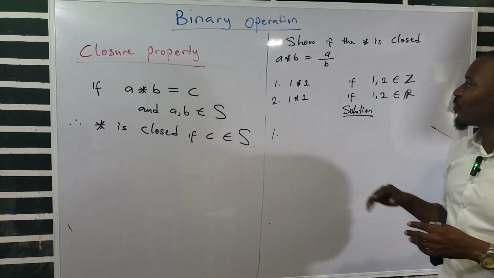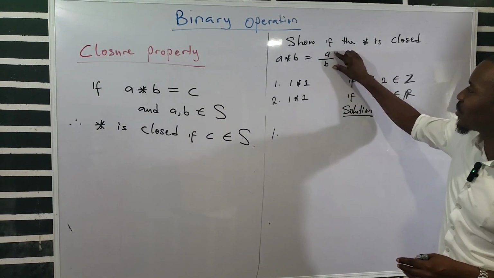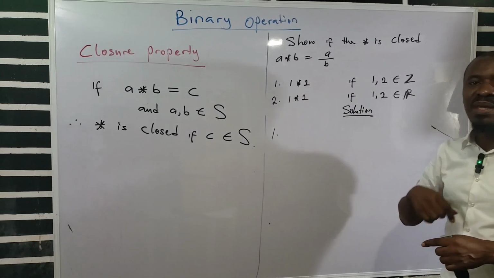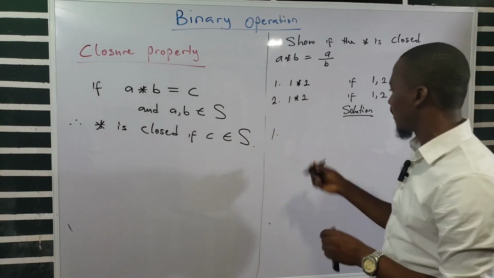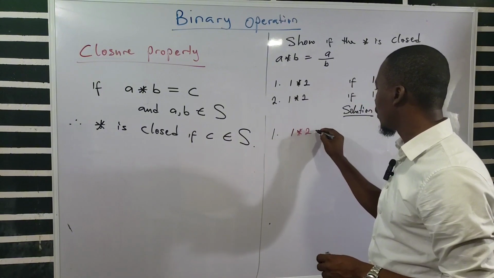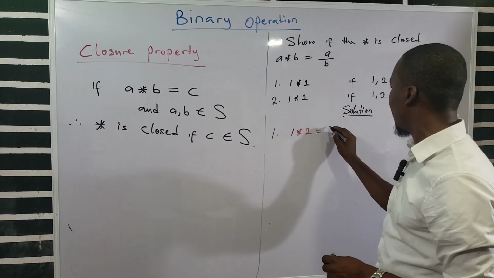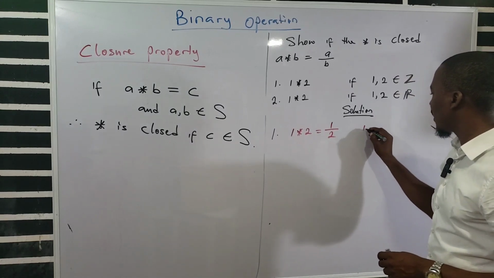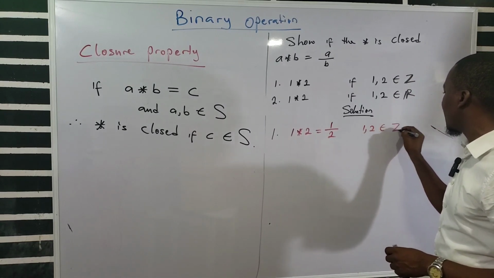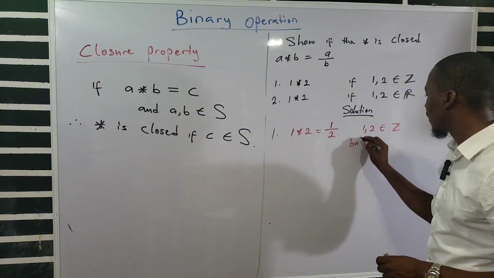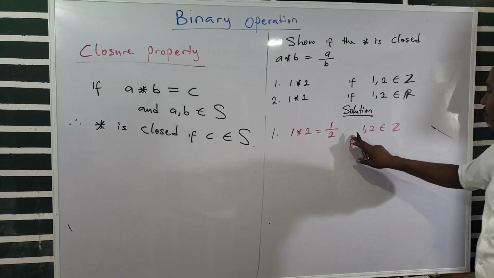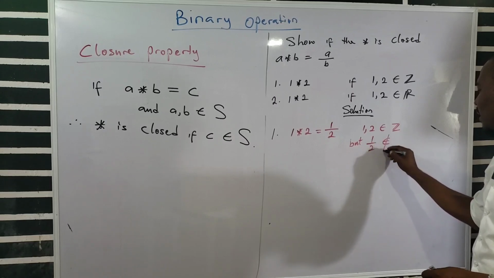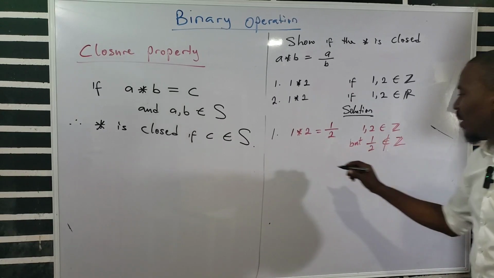If you carry out this rule of combination on 1 and 2, will the answer also give me an integer? So let us find out. 1 binary 2 will give us, the first element is A, which is 1 over 2. And 1 and 2 are elements of integer, but 1 over 2 is not an element of integer.